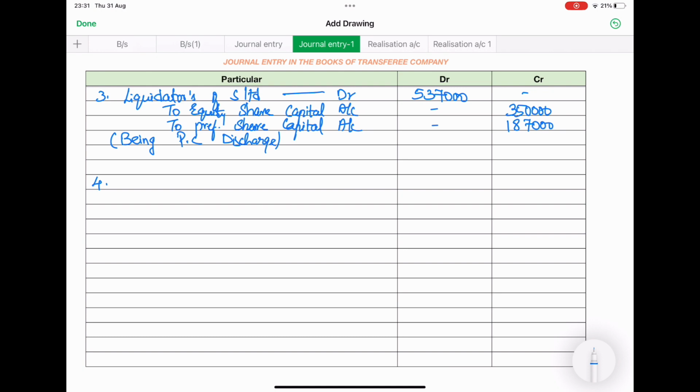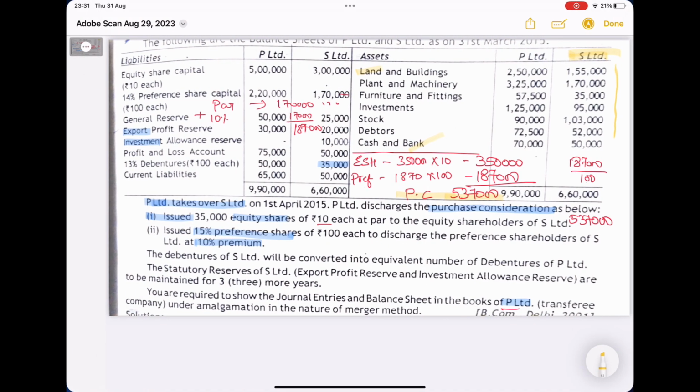See, I'll show you the question. So the debentures of S Limited will be converted into equivalent number of debentures of P Limited. So these debentures are going to be converted into P Limited. In the same value we are going to transfer it.